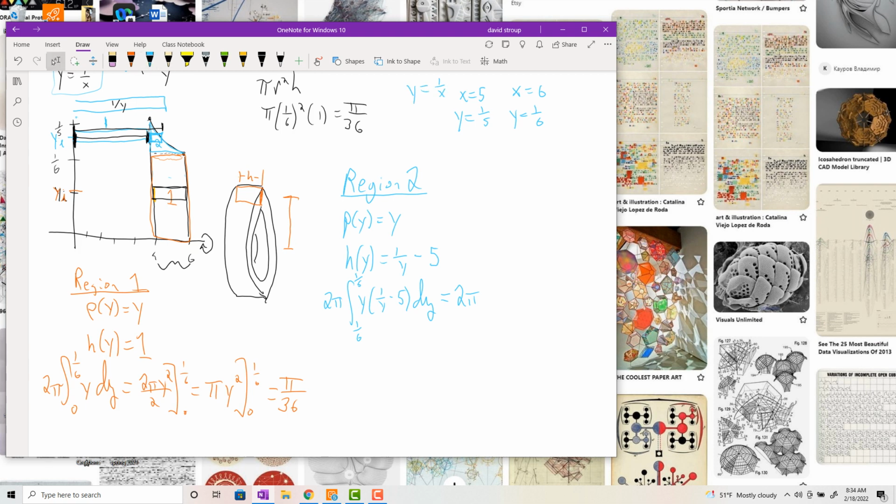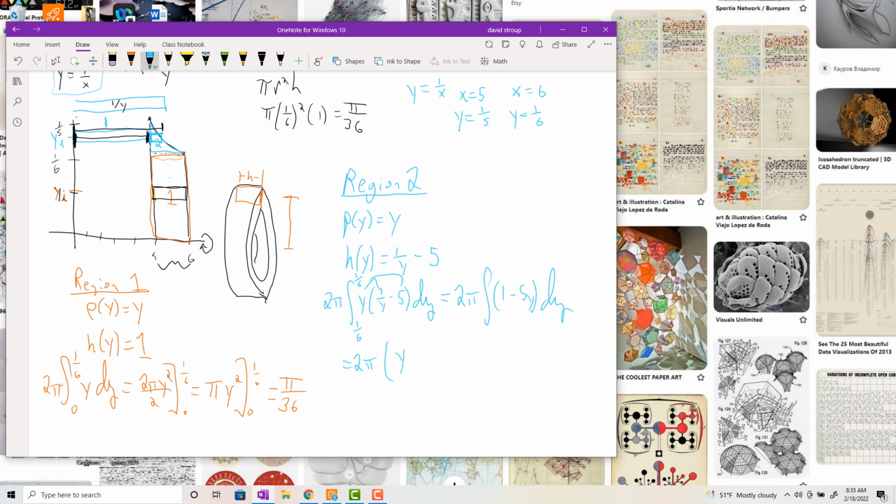Okay, so anyways, getting back to this integral, let's go ahead and distribute the y. So you get y minus 5y dy. And then you're going to get 2 pi times... y times 1 over y is just 1. Sorry.